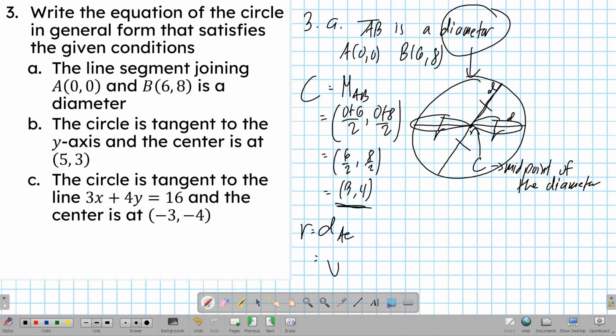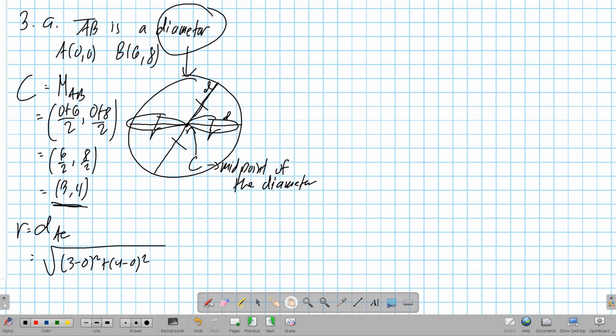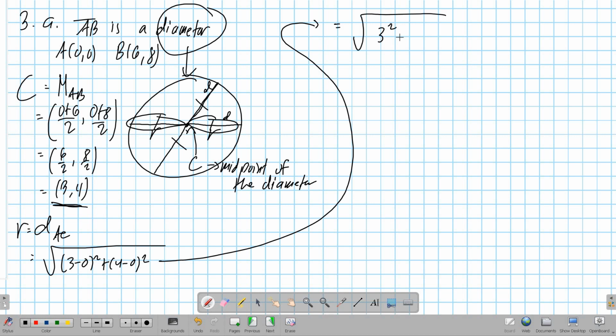And that will be equal to the square root of 3 minus 0 squared plus 4 minus 0 squared, which would be equal to the square root of 3 squared plus 4 squared. 9 plus 16 becomes the square root of 25, which is equal to 5.